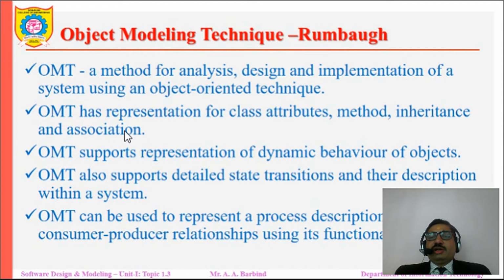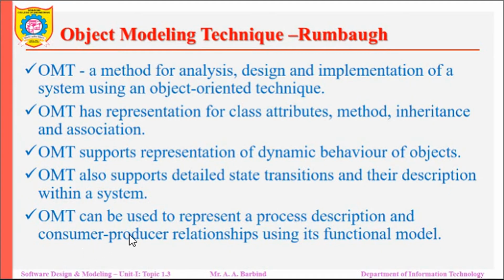OMT has representation for class, attributes, method, inheritance and association. OMT supports representation of dynamic behavior of objects. OMT also supports detailed state transition and their description within a state.